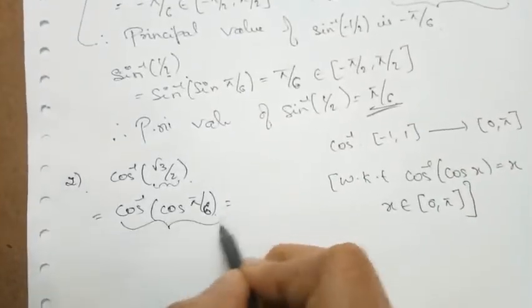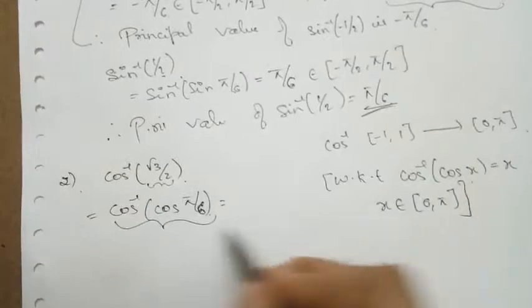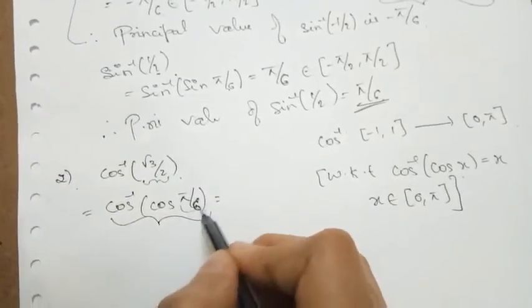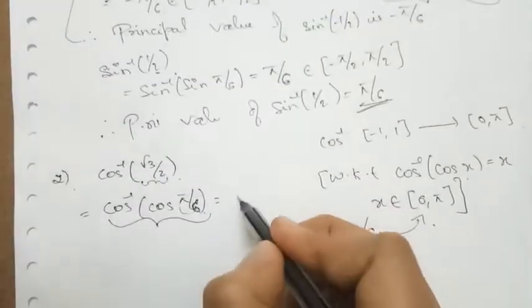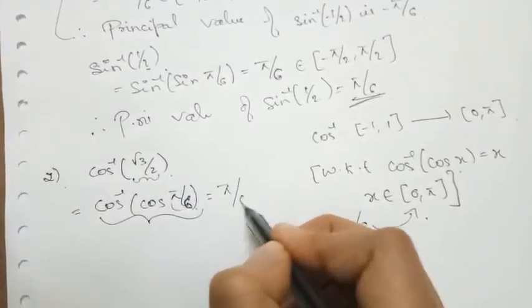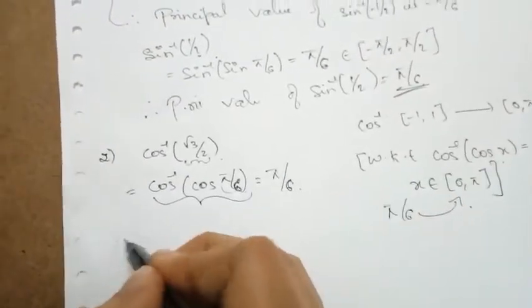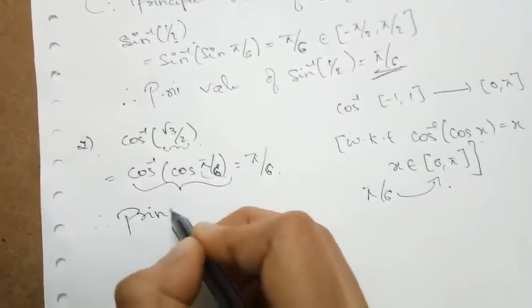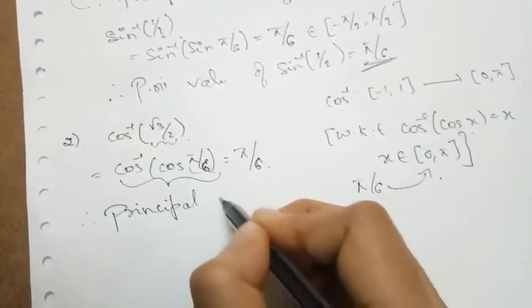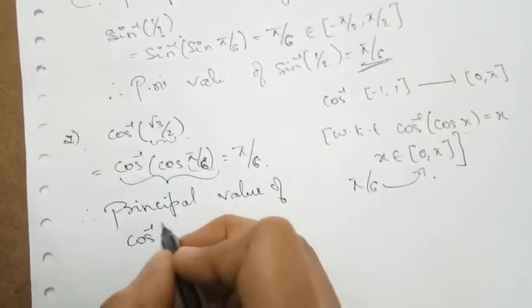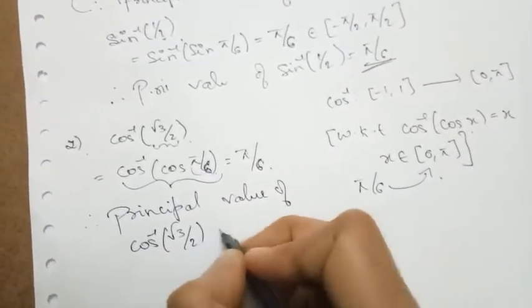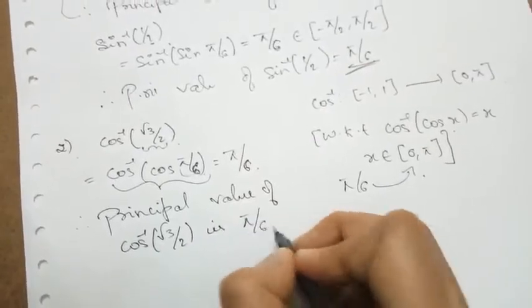So clearly this is now in the format cos inverse of cos x, where pi by 6 belongs to the principal value branch. So the value is equal to pi by 6. Therefore our principal value of cos inverse of root 3 by 2 is pi by 6.